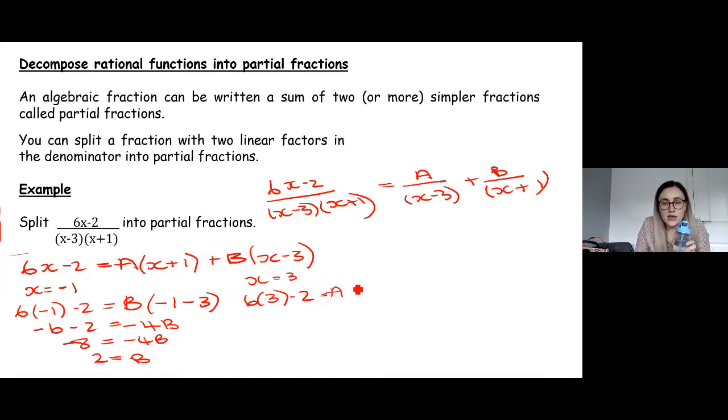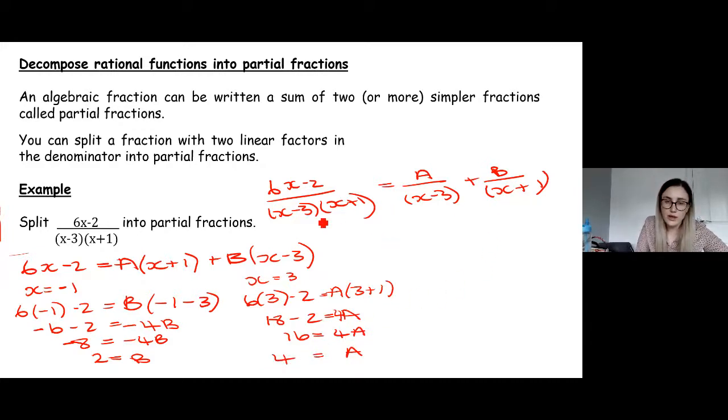I've got a times 3 plus 1. So 6 times 3 is going to give me 18, minus 2, equals a times, and then 3 plus 1 is going to be 4. So 18 take away 2 is 16, which equals 4a. So a is going to equal 4.